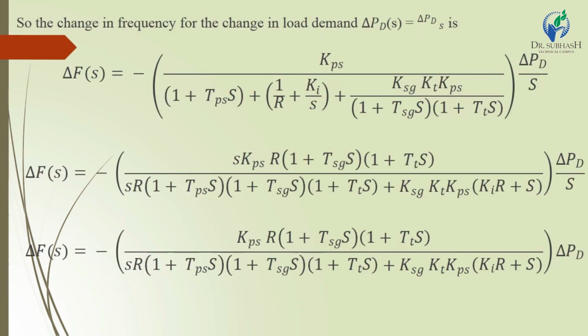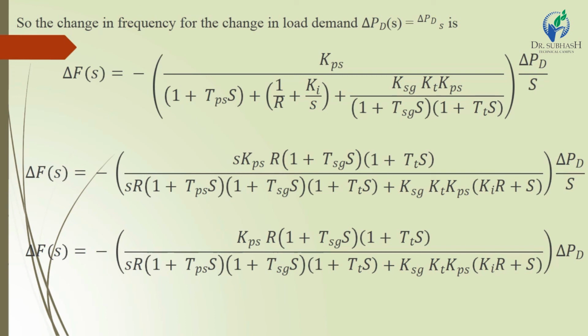So the change in the frequency for change in the load demand delta Pd of s is delta f of s equal to minus Kps upon 1 plus Tps into s, plus 1 upon R plus Ki upon s, plus Ksg into Kt into Kps upon 1 plus Tsg into s, 1 plus Tt into s, into delta Pd of s.